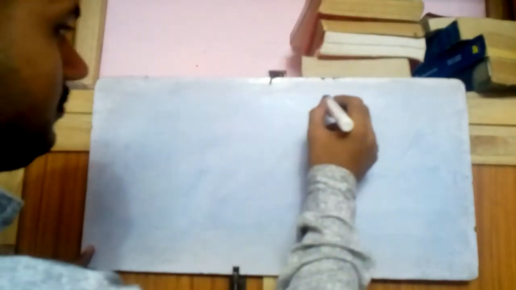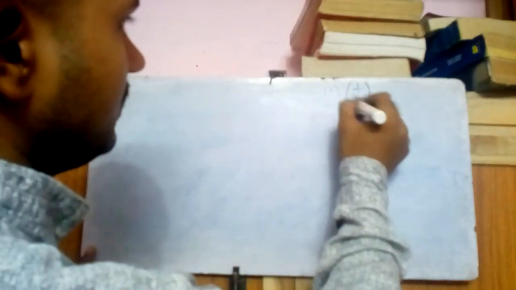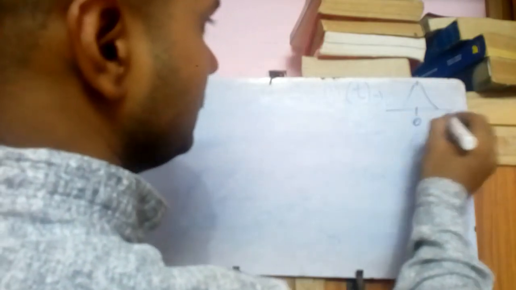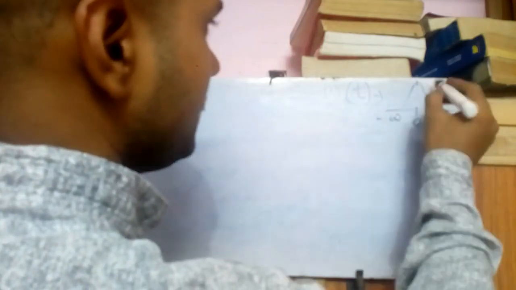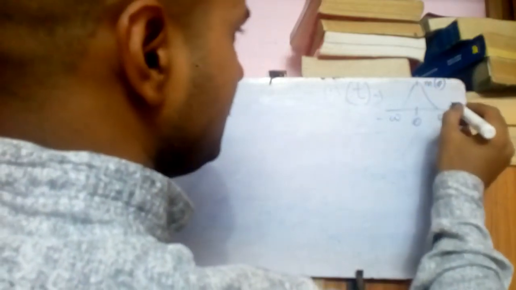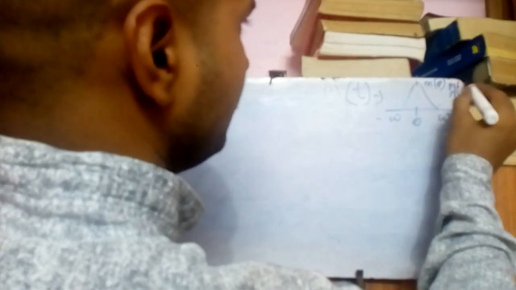So if we have a message m(t) in the frequency domain like this, from minus omega to omega, and this is M0, this is Mf, right?